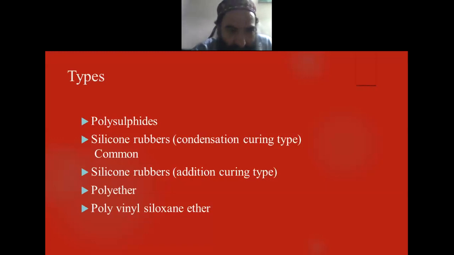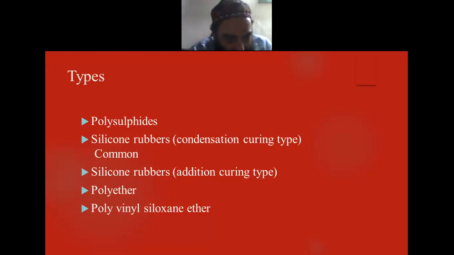Number one is polysulfides. Number two is silicone rubbers. Silicone rubbers have again two types: condensation curing type and addition curing type, depending upon the reaction of their curing or polymerization.